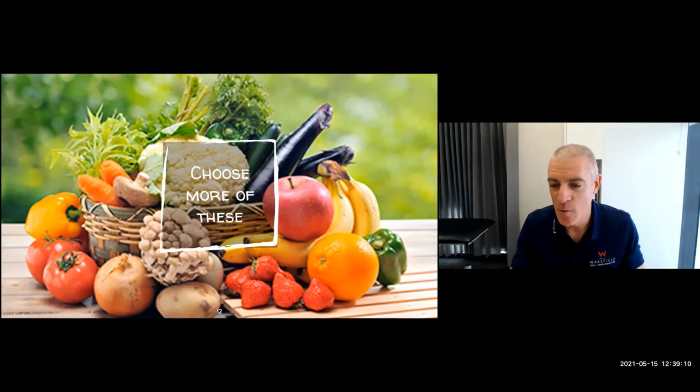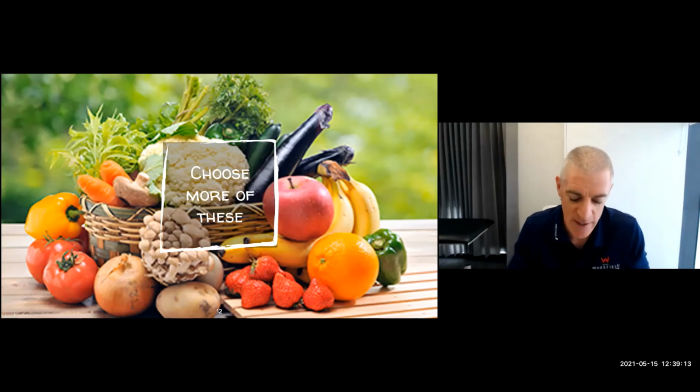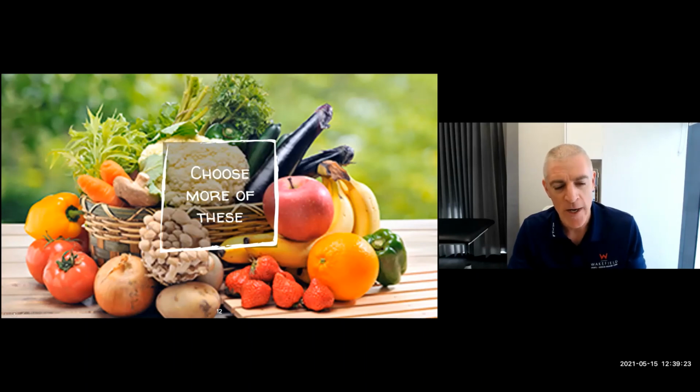At the end of the day, the widest variety of foods, and particularly fruits and vegetables that you can get in, you are going to optimize the balance of the different nutrients, but also the different types of anti-inflammatory chemicals, if you like, that are naturally found within these foods.